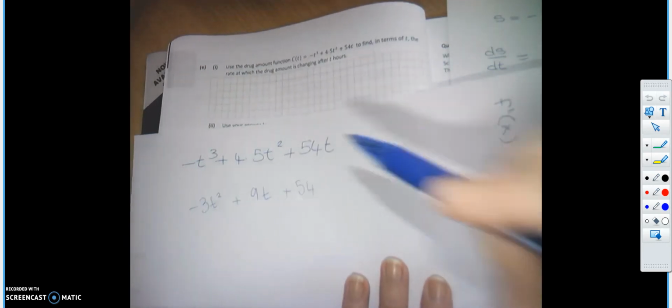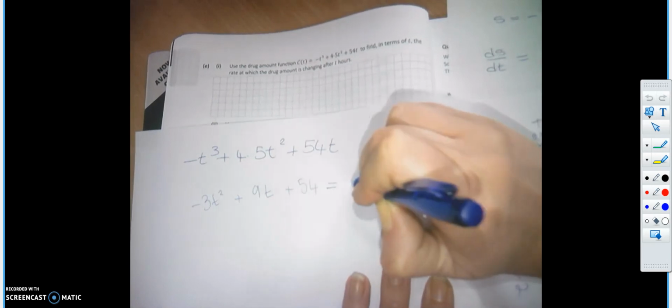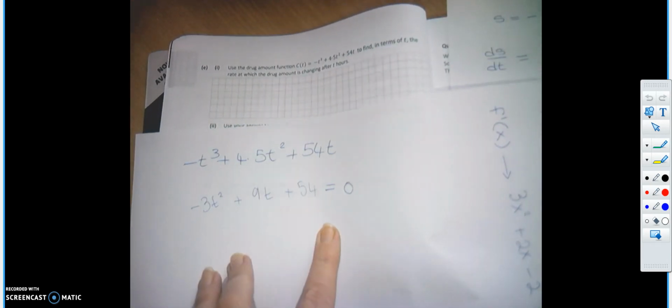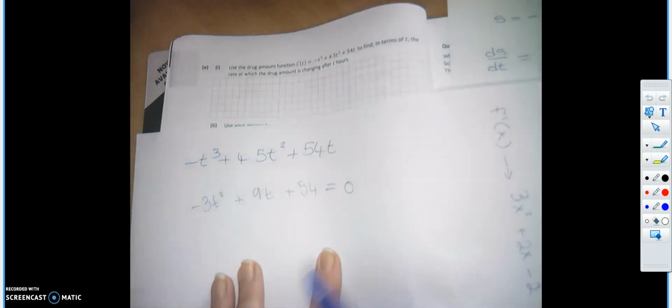If the question tells you max or min, your method is you differentiate, let it equal to 0, and solve. So in terms of this, you would have had your minus 3t squared plus your 9t plus your 54. You mentioned maximum, so you let that equal to 0, and you solve. It's a quadratic, so you use your minus b formula.